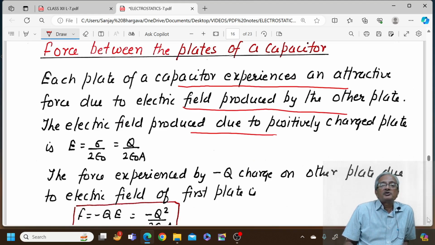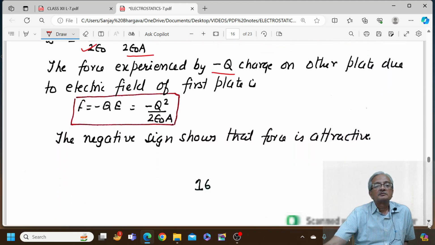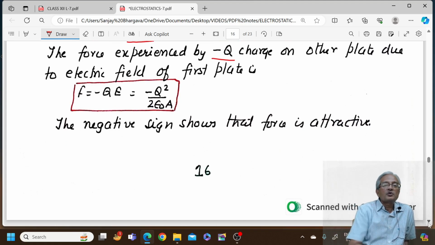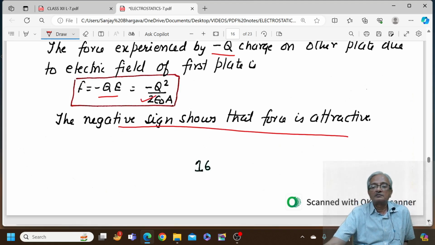The electric field produced due to positively charged plate would be sigma upon 2 epsilon 0 or Q upon 2 epsilon 0 A. The force experienced by the minus Q charge on the other plate would be minus Q times E. So that is how we calculate the force. Then force comes out as minus Q square upon 2 epsilon 0 A. What does the negative sign show? It shows that force is attractive.